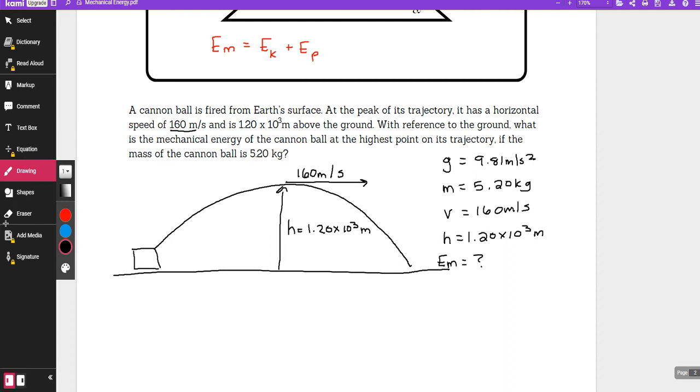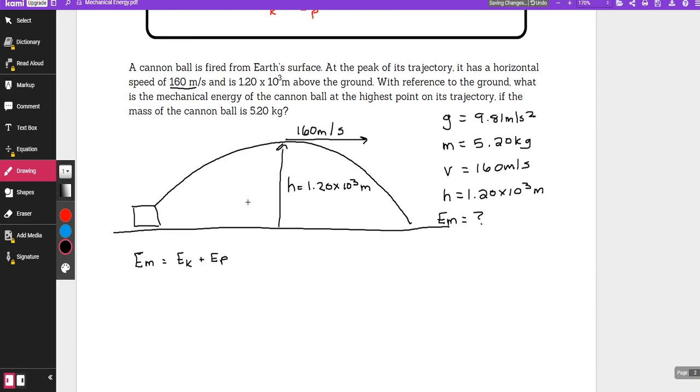So we're going to use our formula. EM is equal to EK plus EP. We know that EK equals mass velocity squared divided by 2 plus mg delta h. Okay, so our mass is 5.2.